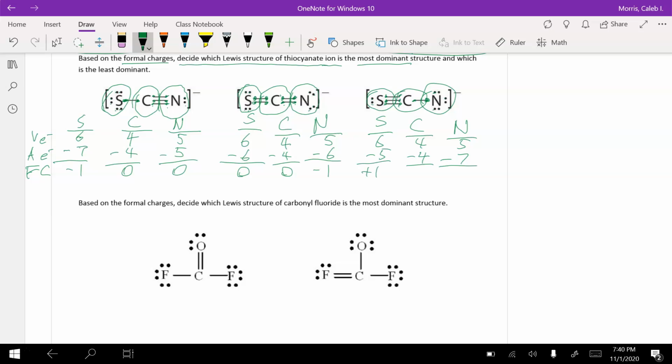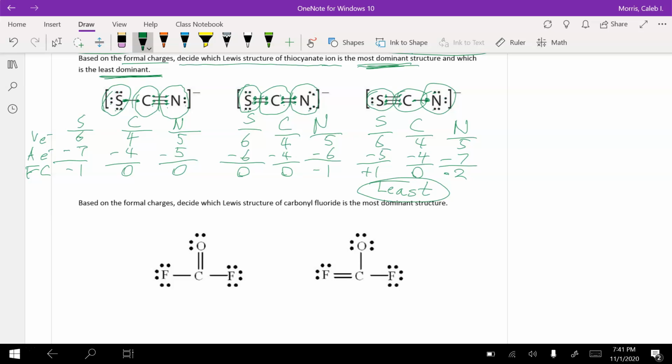So I have positive 1, 0, and negative 2. Okay, so it wants us to decide which is the most dominant structure and which is the least dominant. Well, right now I can tell you which one's least dominant because it's the one that has formal charges farther from 0. So this is the least dominant because it's got a formal charge of positive 1 and another one that has a negative 2, where the others are either 0s or negative 1.